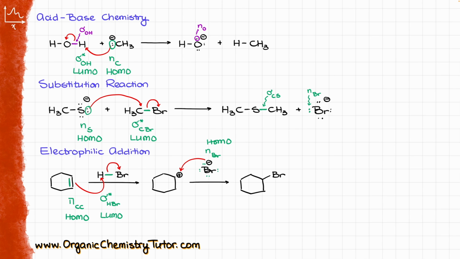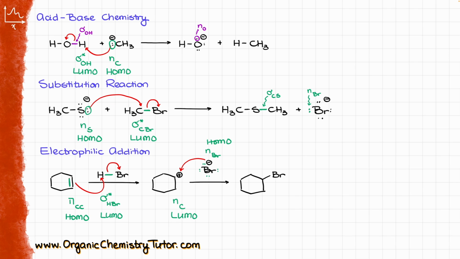Now, those electrons are going towards the carbon. I am not breaking any bonds, and what I'm doing here is populating the electron density on the essentially empty orbital of the carbocation, which means that the acceptor of the electrons in this case is going to be a non-bonding orbital on the carbon, and that is going to be my LUMO.